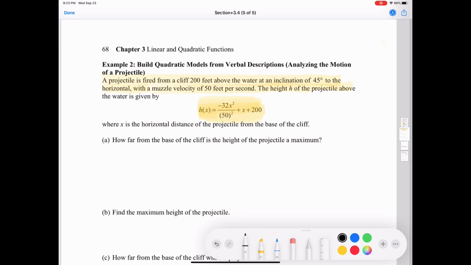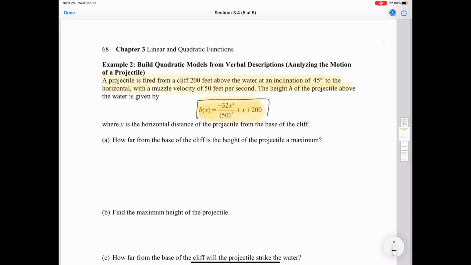In this example, we will do example 2 of section 3.4 with the function given to us, which is h of x equals negative 32x squared over 50 squared, plus x plus 200. We are going to get some information from this function.